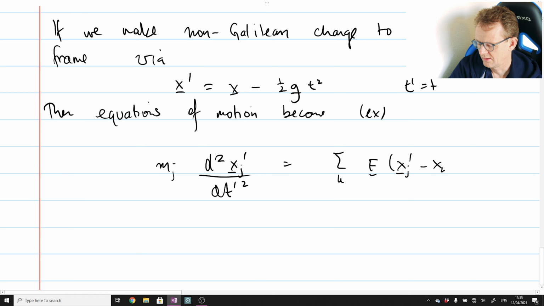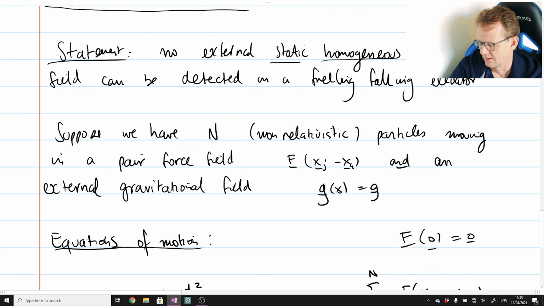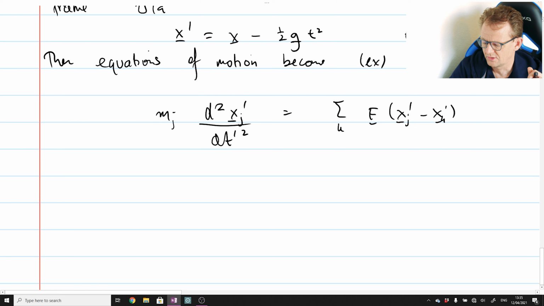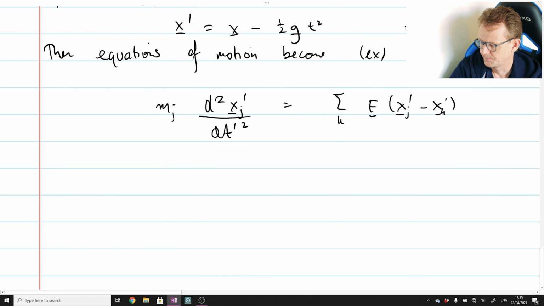Then we see that the equations of motion in this freely falling reference frame are exactly those of Newton. And we cannot detect that we're in a gravitational field. So that's the first demonstration within Newton's theory of UFF and EEP.